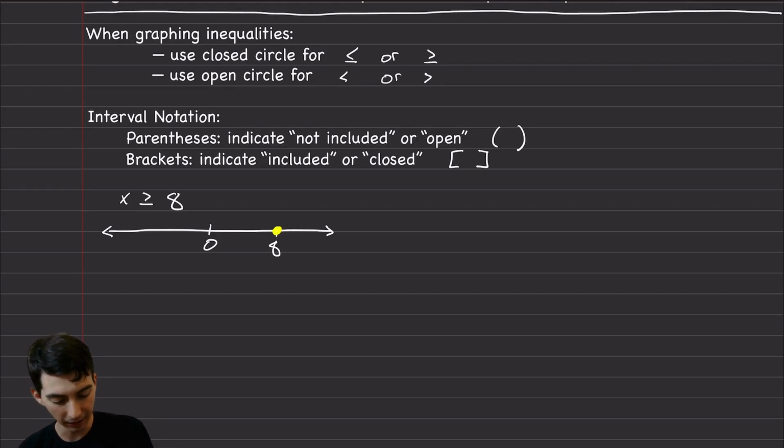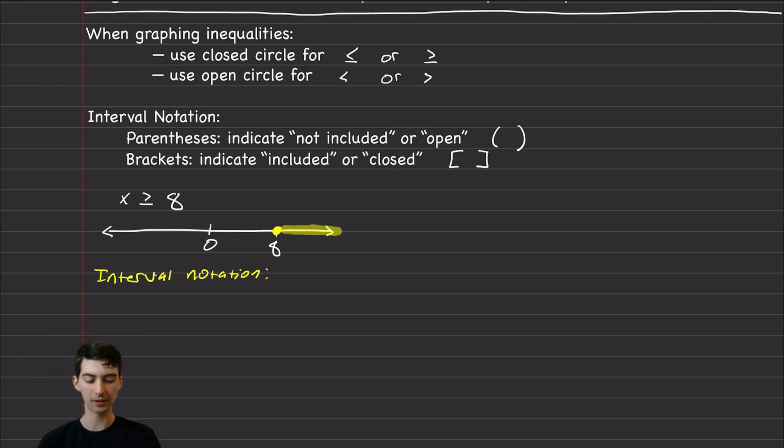Then I can highlight all of the values to the right of 8, because values like 9, 10, 11, all of those to the right are greater than 8, which is exactly what we're asking for here.